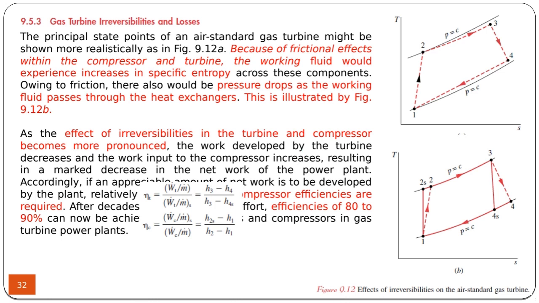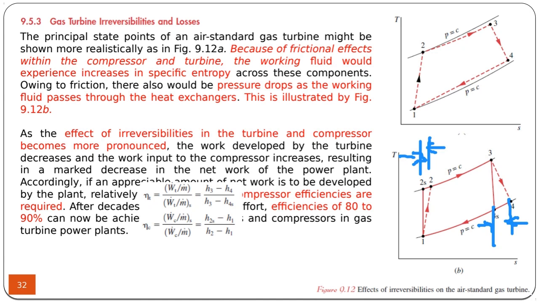So inside the compressor, we assume that there is an increase of the entropy because of the irreversibilities. Also, in the expansion process inside the turbine, there is also an increase of the entropy due to the irreversibilities as well. So when we take into account the irreversibilities, we use the concept of isentropic efficiency.